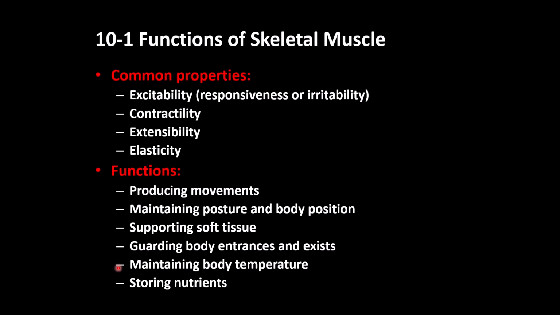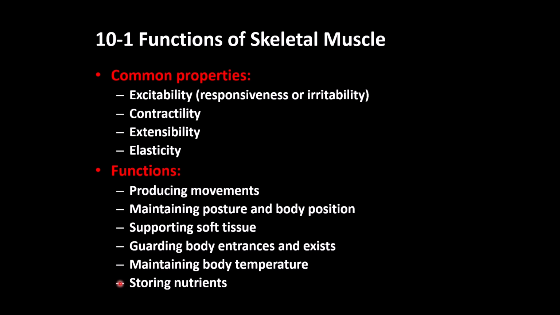It maintains the body temperature, so during muscular activity a lot of ATP is produced, and that will help increase the body temperature. If it is really cold, you start shivering, and the shivering is actually contraction of the skeletal muscle, and that way the body temperature increases. It stores some nutrients.